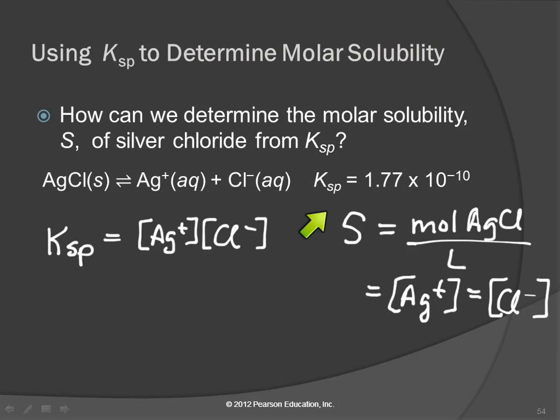So I'm going to say that the solubility is equal to the concentration of those ions, and they are equal to each other. What that means is I can plug S in for Ag plus and for Cl minus. And so what I end up with is Ksp equals S squared. Then how do I find out what S is?